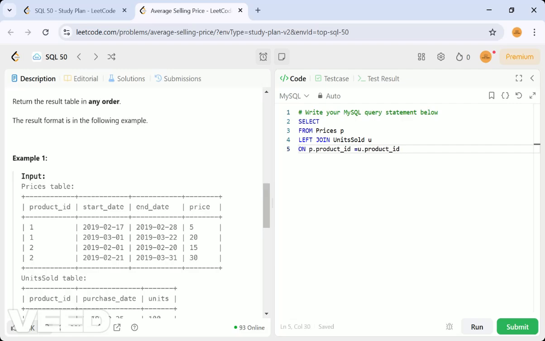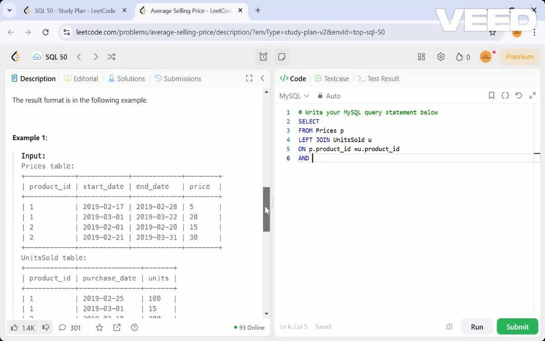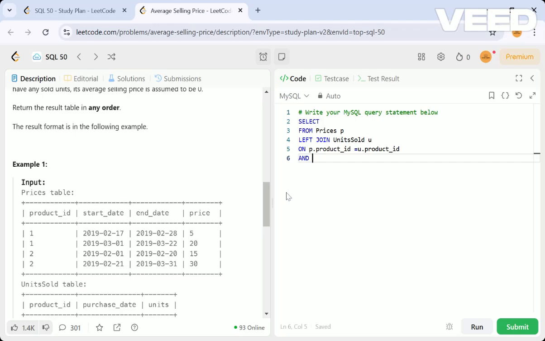Now the join is completed. While joining, one more thing we have to check is that our purchase date should only fall under the start date and end date of the prices table.